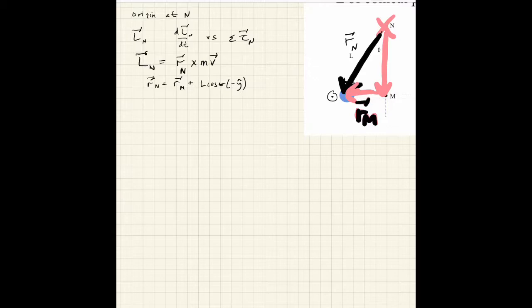And so when I plug this into my cross product, L sub n is equal to R sub m plus, well, minus L cosine theta y hat, crossed with m times the velocity vector. Remember, the velocity vector is v in the theta hat direction. What I'm going to get are really two cross products out of this: R sub m crossed with m v theta hat, minus L cosine theta y hat crossed with m v theta hat.